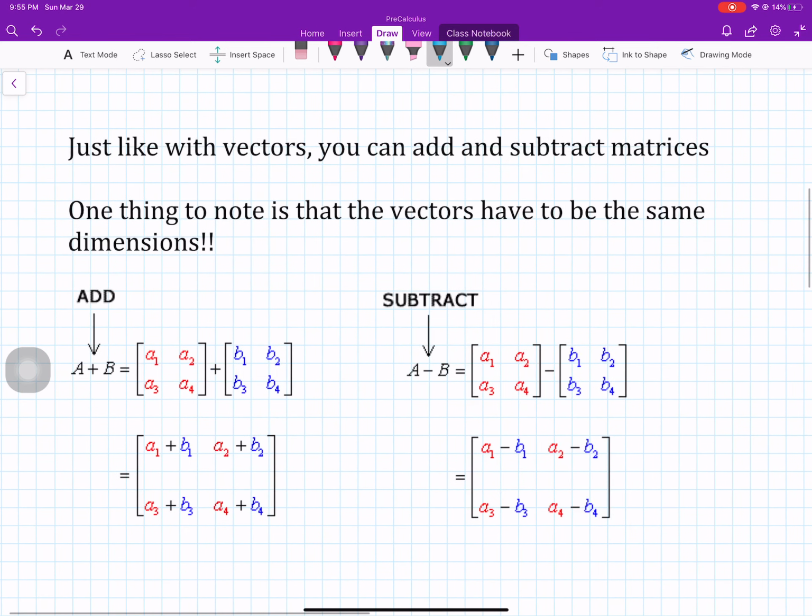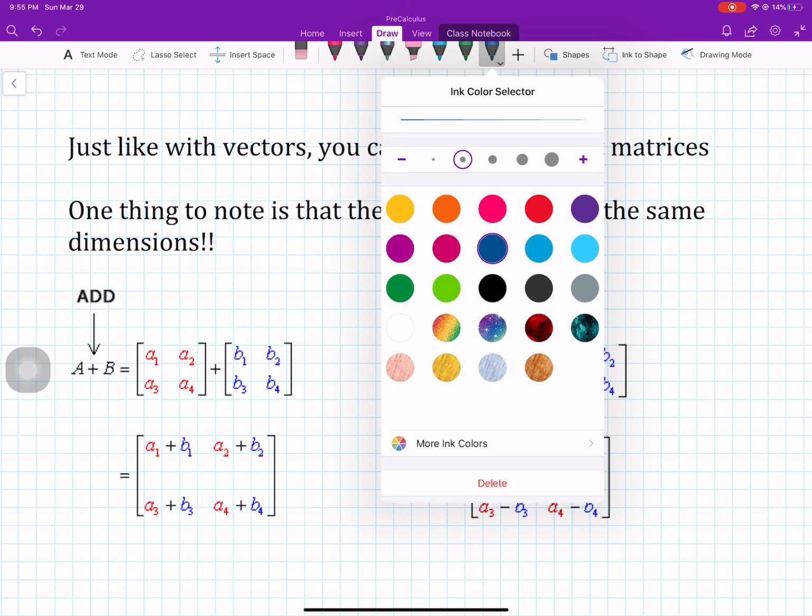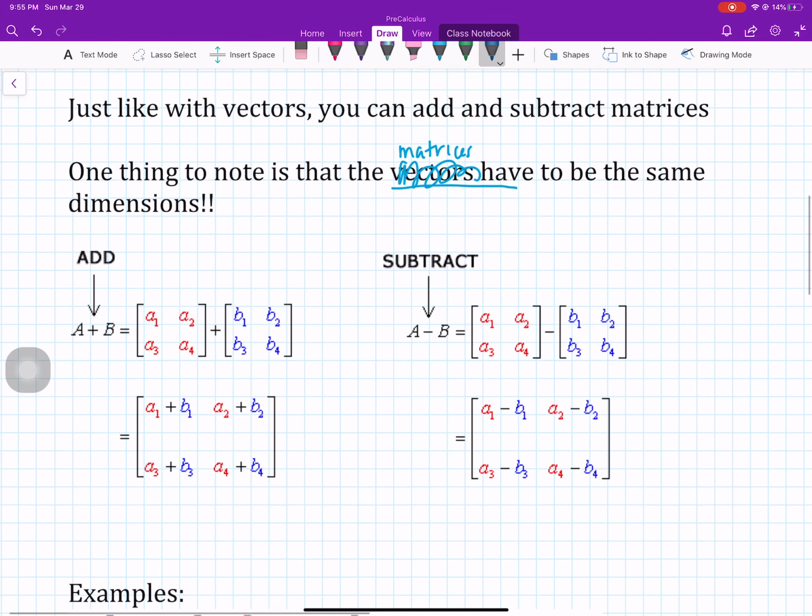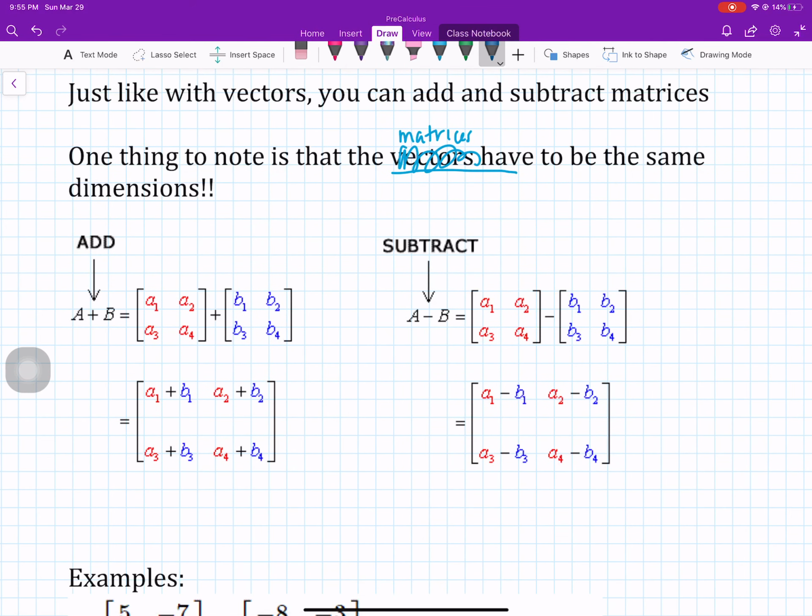Just like with vectors, you can add and subtract matrices. One thing to make note of is that matrices have to be the same dimensions in order to add or subtract them. It's just not possible to add or subtract matrices of different dimensions.